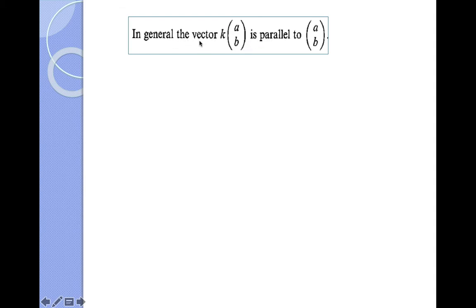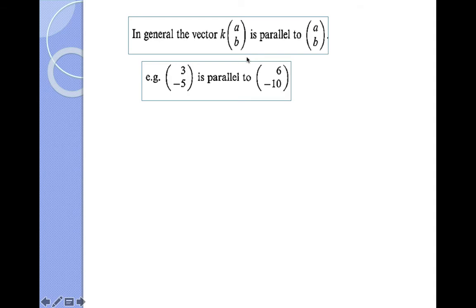In general, the vector with components a and b multiplied by a scalar is parallel to another vector with an x component and a y component, if it is a scalar multiple of the other. So that means this is a scalar multiple of this vector.